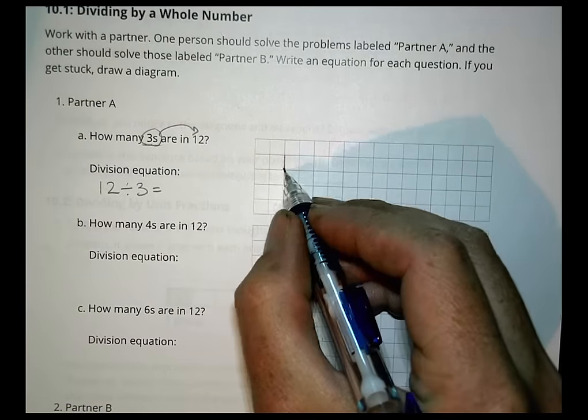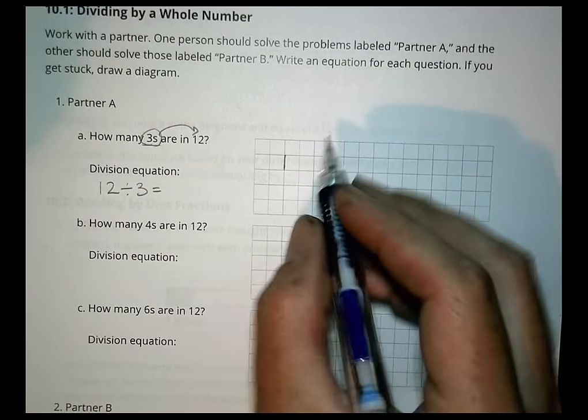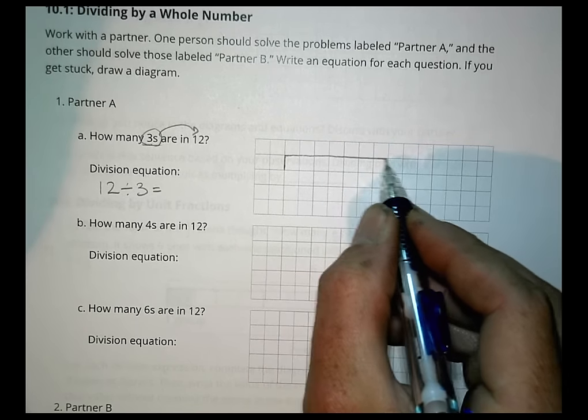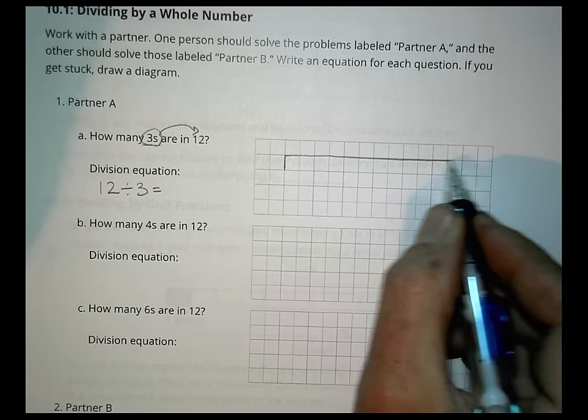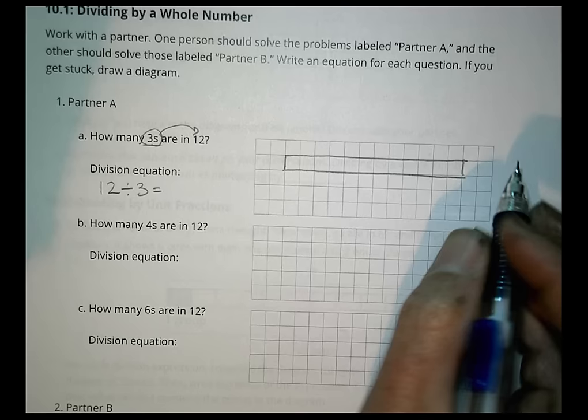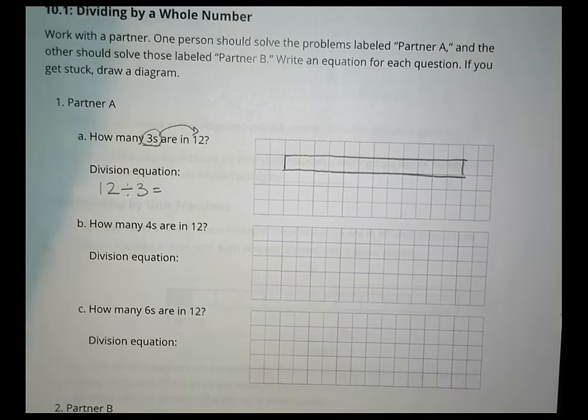We can draw this out. We look for 12 as a number: 1, 2, 3, 4, 5, 6, 7, 8, 9, 10, 11, 12. So there's my 12. We're looking for how many 3's are inside of there.